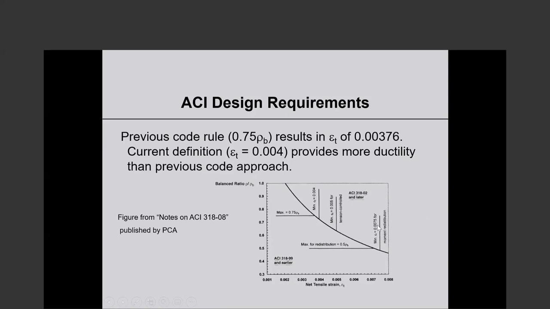0.0075 allows you to redistribute bending moments. Maximum, before unified design, maximum reinforcement ratio used to be 75% of rho balanced.